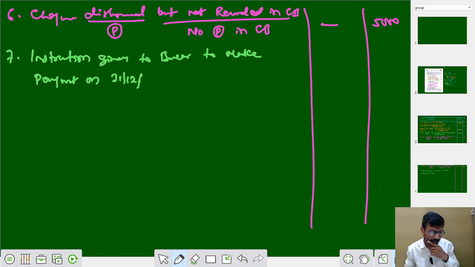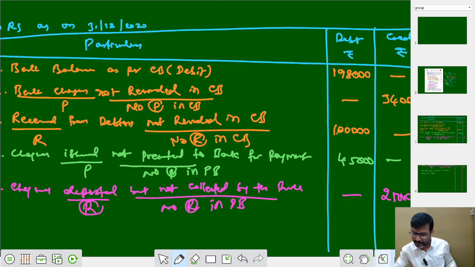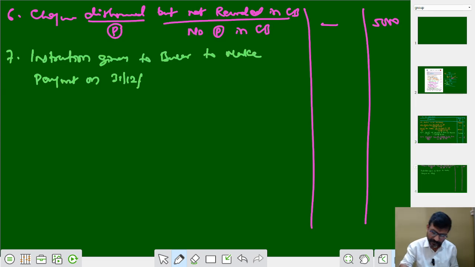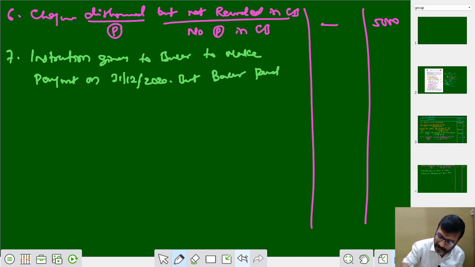On what year? On which year it is? On 31st December, which year it is? 2020. Which year it is? 2020. But banker paid on 1st January 2021.